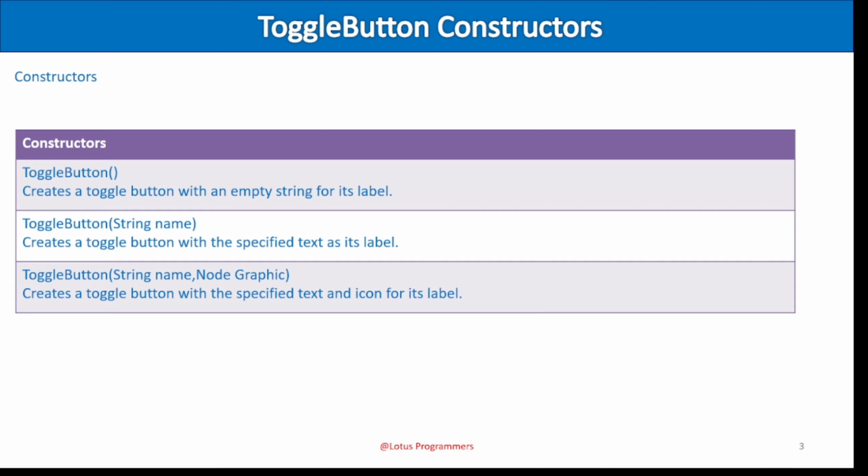Whichever name you would like for the toggle button is sent as the argument to the constructor. The third constructor creates the toggle button with a name and an image also. Whichever image you would like to pass, you mention as an ImageView object as the second argument of the toggle button constructor.